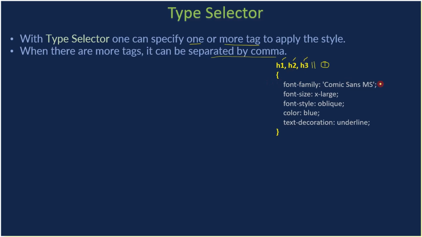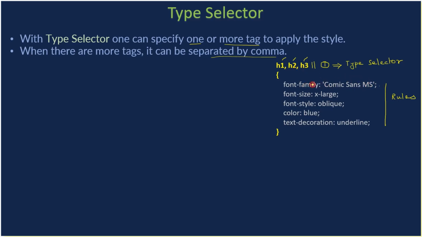That means whatever rules we specify here, since we specify multiple rules, all these rules will be applied only to h1, h2, h3. So this is what is called a type selector. We can directly specify the HTML element name.